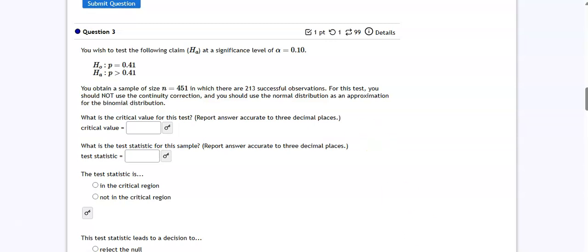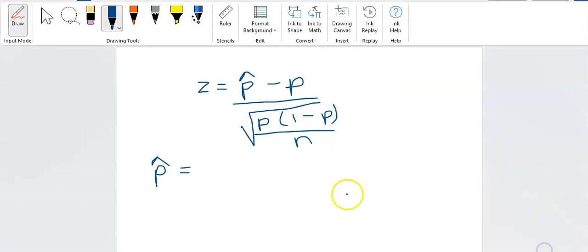Let's recall that for p hat, we need the number of successful observations over the total number in our sample space. So let's go back here for a second. Nope, wrong one. 451. And I'll go ahead and put that into my calculator and get a decimal.